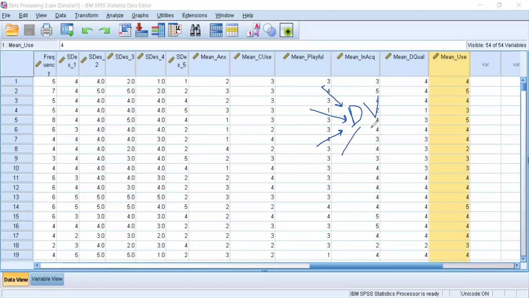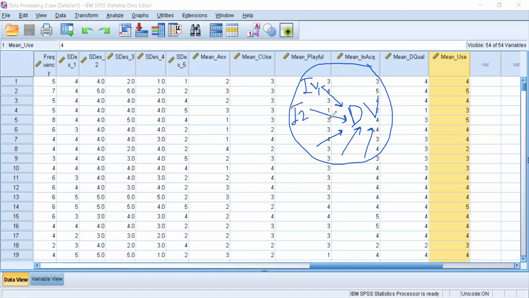So I have 5 independent variables and one dependent variable. So I have the structure clear in my mind. This is my research structure. This is independent variable 1, independent variable 2, 3, 4, 5, right? This is clear with me.